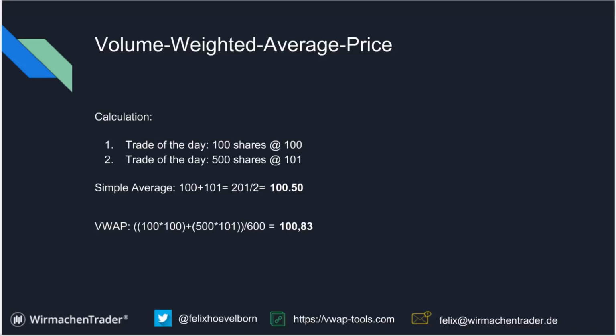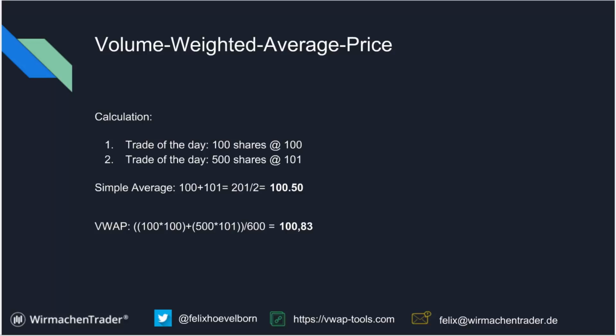Now we divide that whole sum by the total amount of shares traded. By that easy calculation, you see the volume weighted average price for just two trades of the day is not 100.50, it's 100.83. So that's the volume weighted average price.